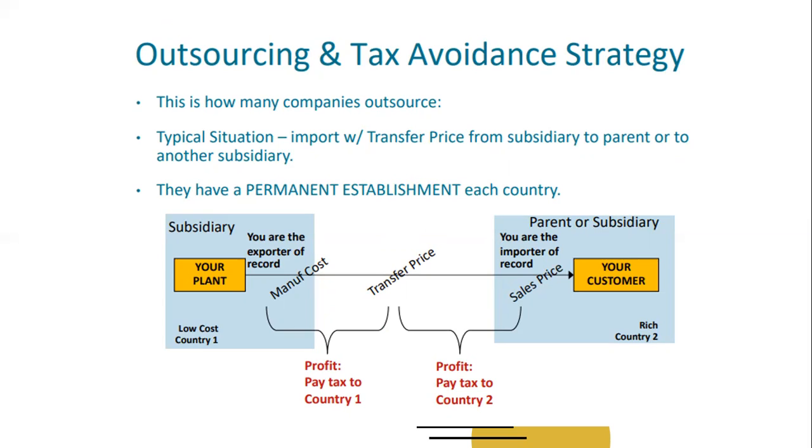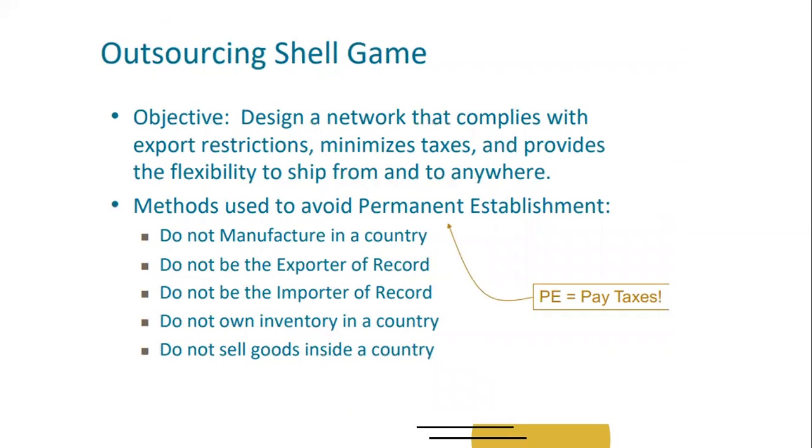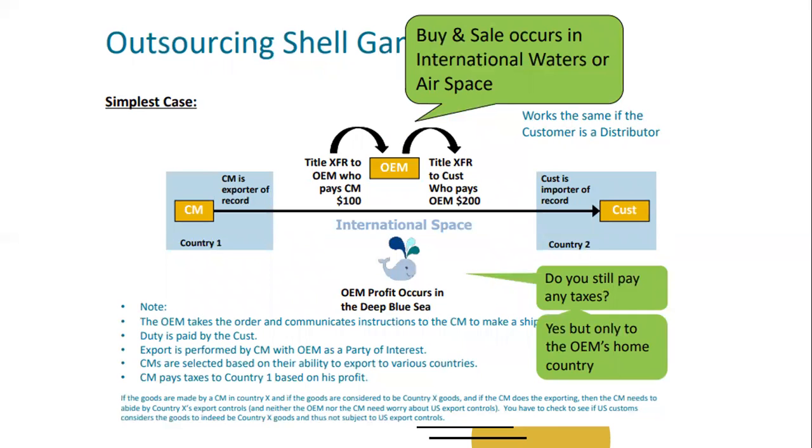And every country likes to charge income tax. So in order to avoid that, and this is what I just mentioned about the permanent establishment, many times companies actually go into the water, into the international space, to make a transaction, and the buying and selling actually happens in international waters or airspace.